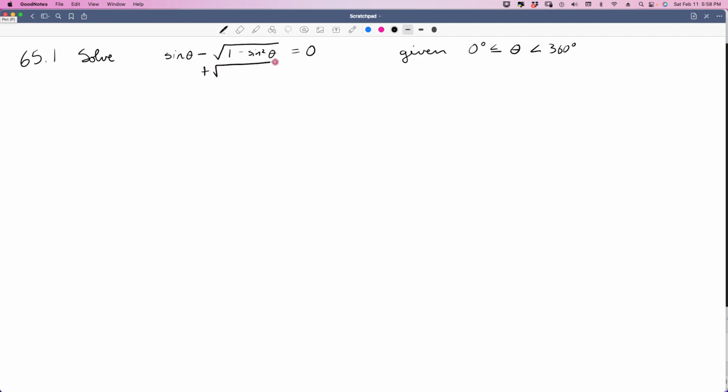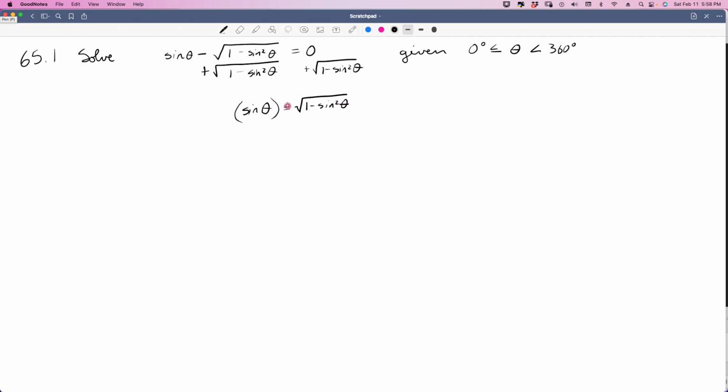So I'm just going to add this to both sides. So then this becomes the sine of theta is equal to the square root of 1 minus the sine squared of theta.